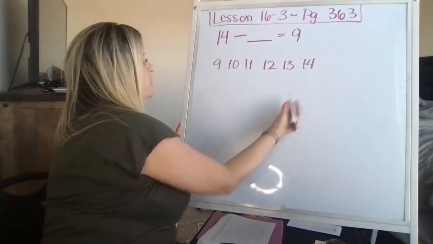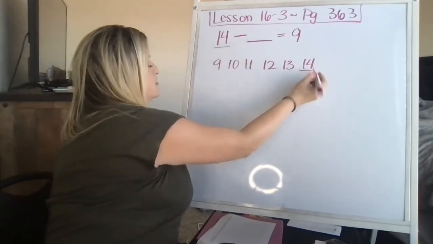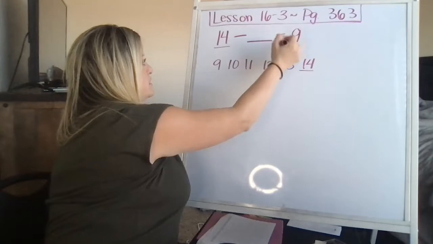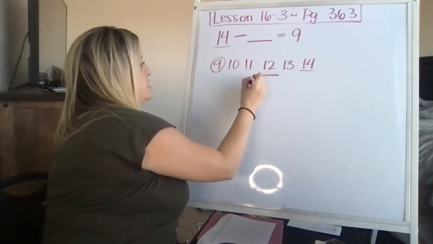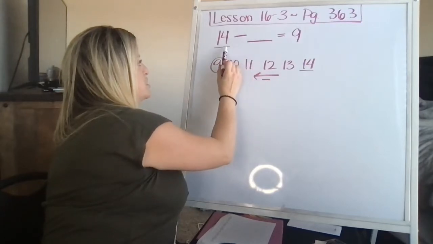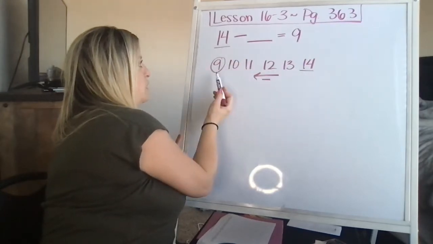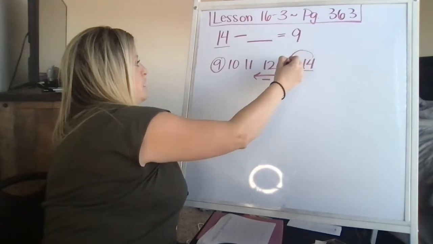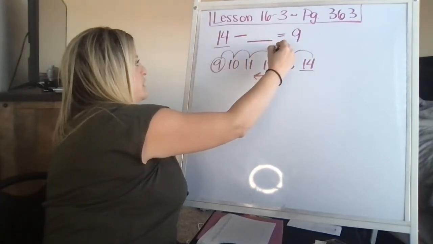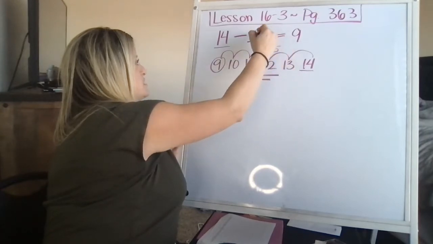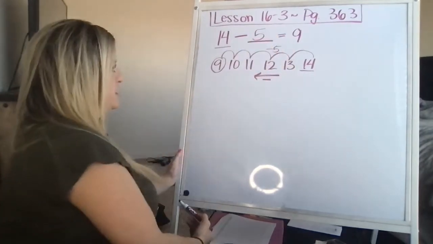Now I'm going to start on 14. I'm going to hop back, I don't know how many, but I'm going to stop on 9. I'm moving this way because I'm subtracting and I always start with the biggest number, so my numbers are going to get smaller. So here I go. 1, 2, 3, 4, 5. Minus 5 jumps, so 14 minus 5 equals 9.